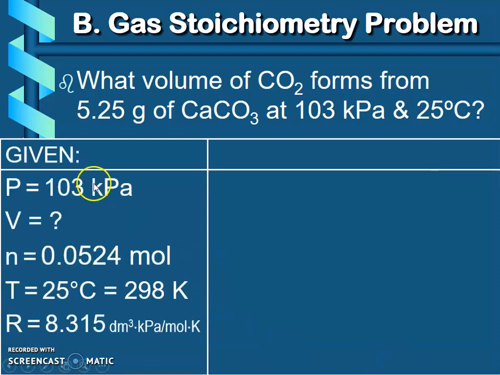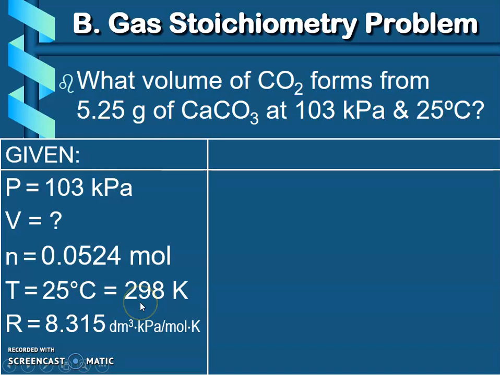So what do I know that's going to go into that ideal gas law? I know my pressure, that's provided in the problem. My volume is what I'm looking for. My moles, that's what I just calculated using stoichiometry, so I brought that from the last slide. I've got my temperature, but it was given in Celsius. It was 25 degrees Celsius, so immediately convert that into Kelvin because we always use Kelvin.